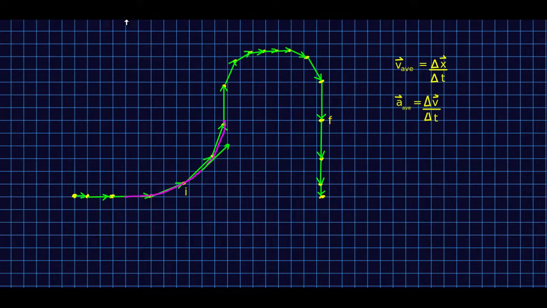But now remember that if this is a v instantaneous, and I've deliberately drawn it at a point roughly halfway between these 2 points, notice it's in about the same direction as this average velocity. So this average velocity is a good approximation of the instantaneous velocity at the instant halfway between those 2 points.